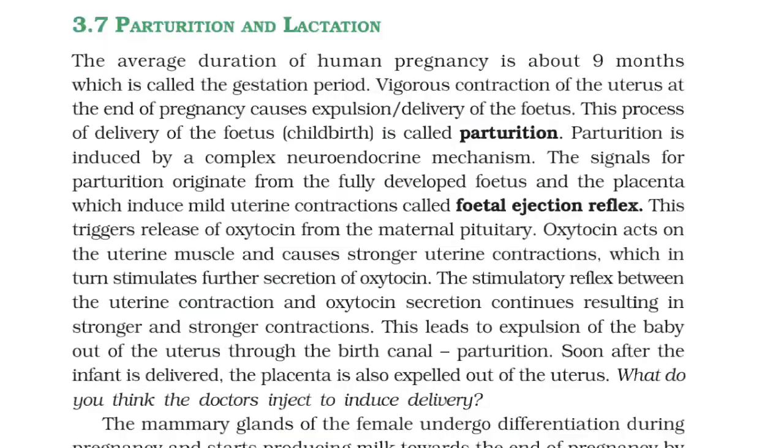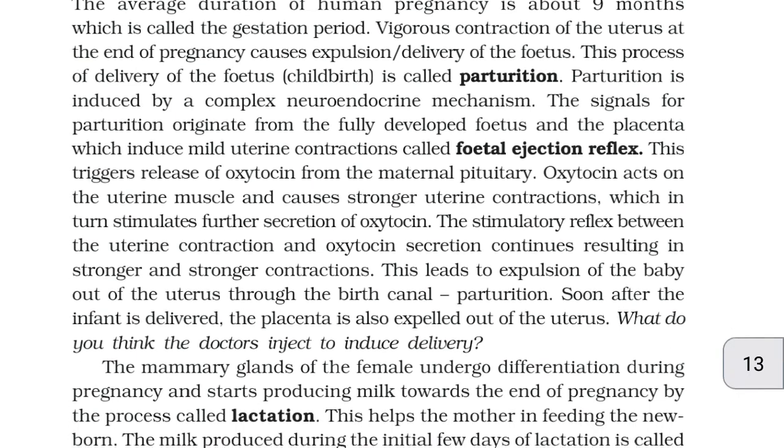Parturition and lactation. The average duration of human pregnancy is about 9 months, which is called the gestation period. Vigorous contraction of the uterus at the end of pregnancy causes expulsion or delivery of the fetus.